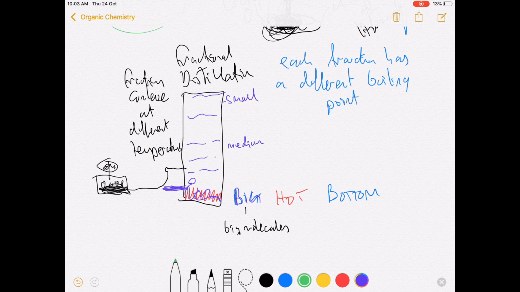What do we get at the bottom? Well, we're going to get, coming off the bottom, and everyone remembers this, right? Bitumen. Bitumen is used in road building. It's the tarmac that your car or your parents' car drives over. Above the bitumen, we're going to get something called fuel oil.